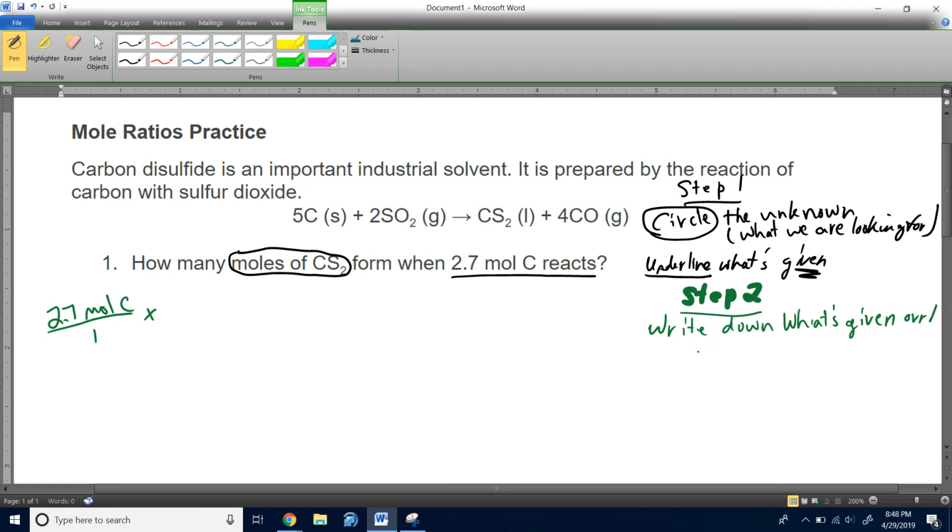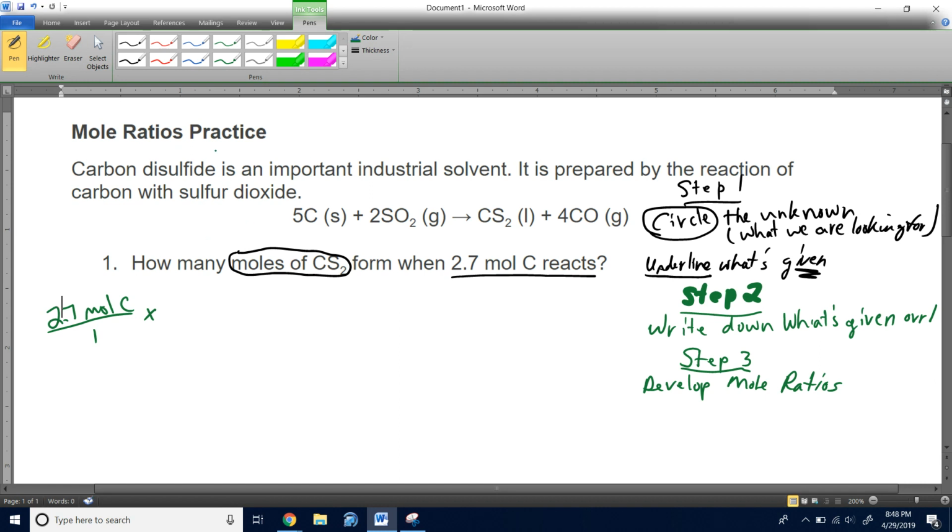Our third step is to develop our mole ratios.